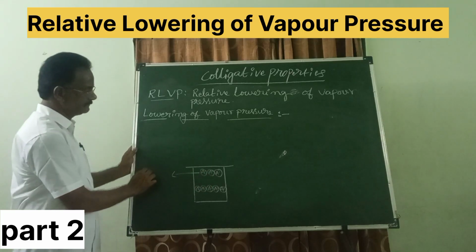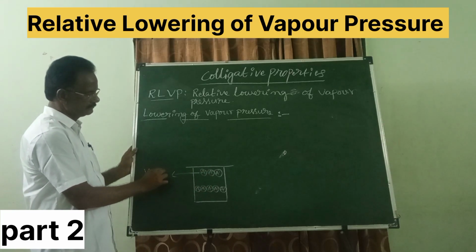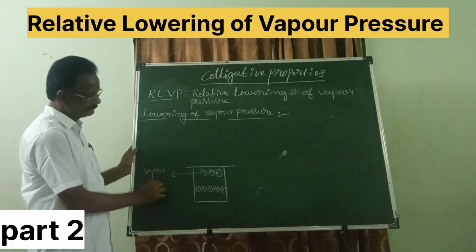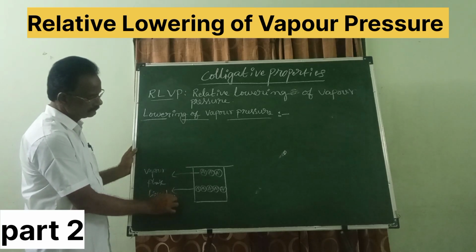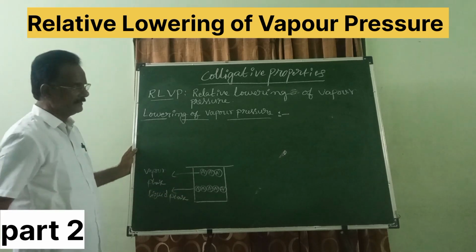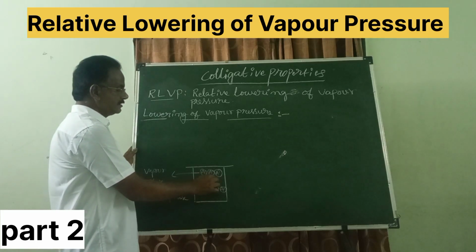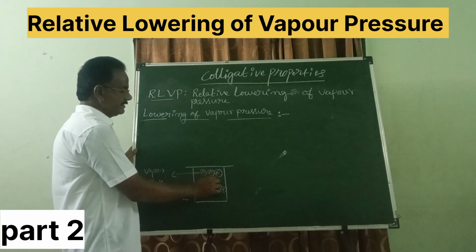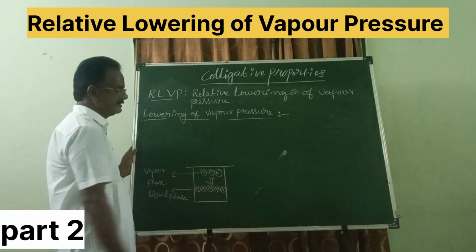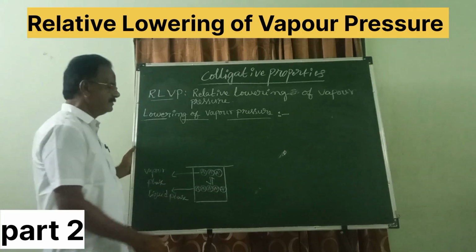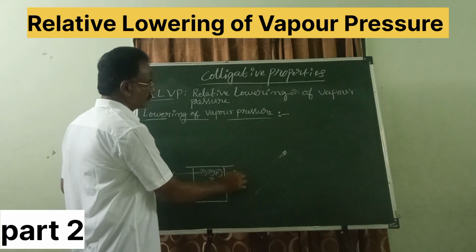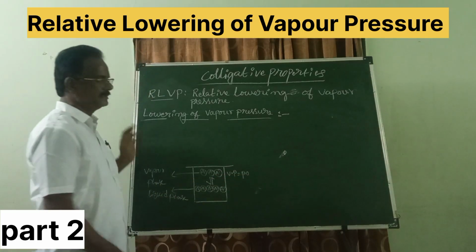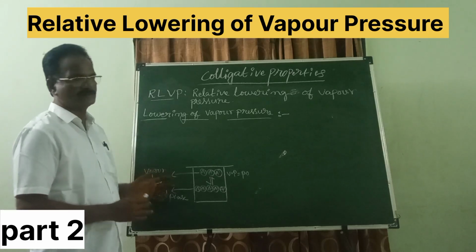This is the vapor phase, and this is the liquid phase. When these two phases are in equilibrium, vapor pressure will be exerted. That vapor pressure is equal to P0, the vapor pressure of pure solvent.